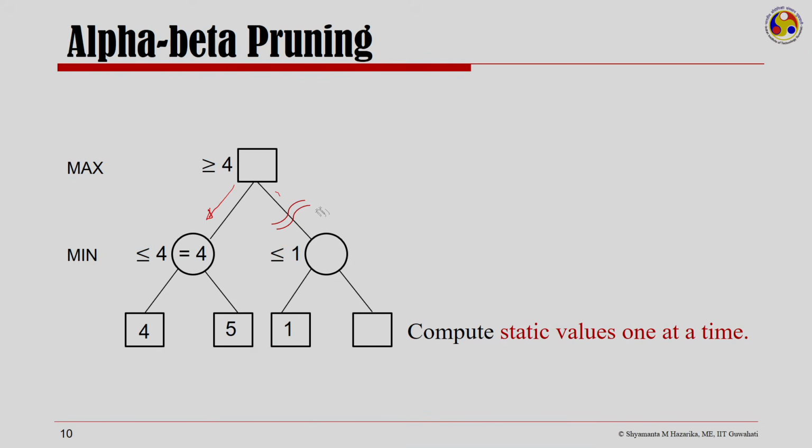Therefore, this tree doesn't exist for him. And once he can cut this tree out, he can update that value to be really 4. So we have got to the same result as in the minimax procedure, but we have not evaluated even this node. So these values that we have cut out cannot affect the value of the root node.